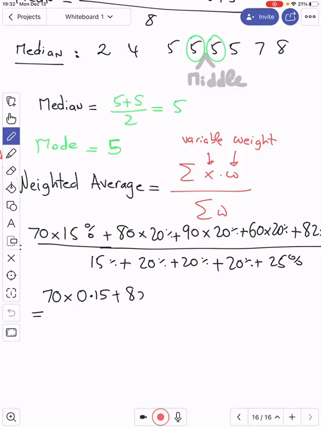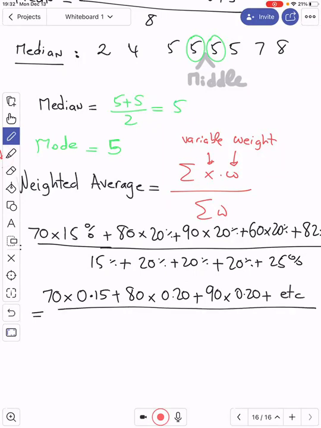Plus 80 times 20%, 20 over 100, that's 0.20, etc. 90 times 20%, it's 0.20, etc. Then in the denominator, we have 15%, so that's 0.15, 20%, that's 0.20, another 20%, another 20%, 0.20, and then 0.25.